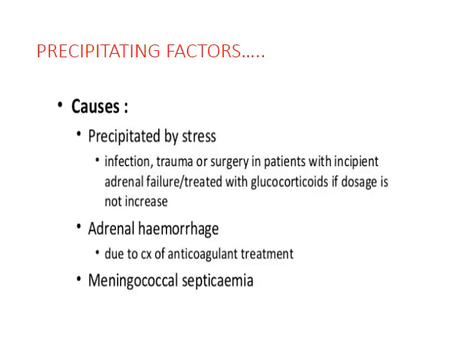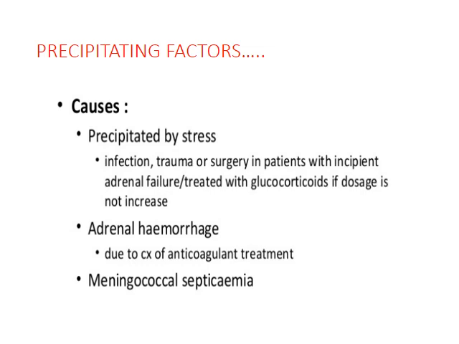The precipitating factors for the adrenal crisis are infections. Mostly meningococcal septicemia can lead to adrenal hemorrhage, known as Waterhouse-Friderichsen syndrome; trauma or surgery in patients with incipient adrenal failure; and treated patients on glucocorticoid if the dose is not increased in cases of stress or the dose is not taken.